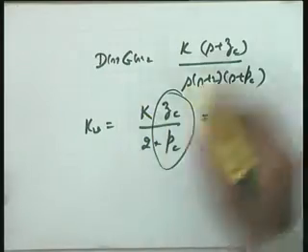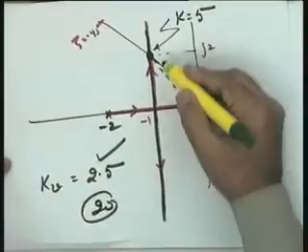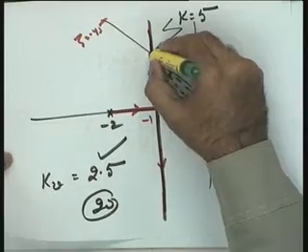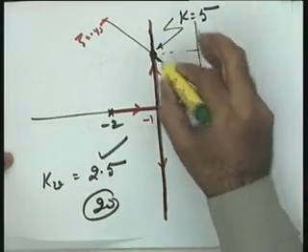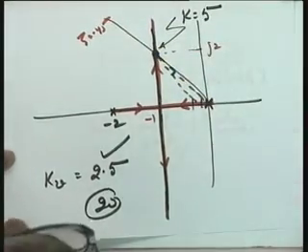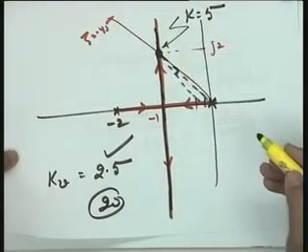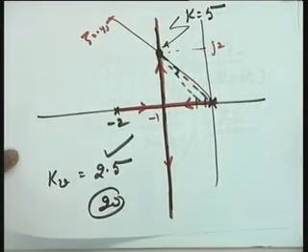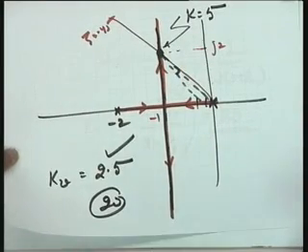You see that K is equal to 5. Interestingly, not only the angle criterion, the magnitude criterion at this particular point also will give you practically the same value of K, because these two distances will be nearly the same. One distance is in the numerator and the other in the denominator.